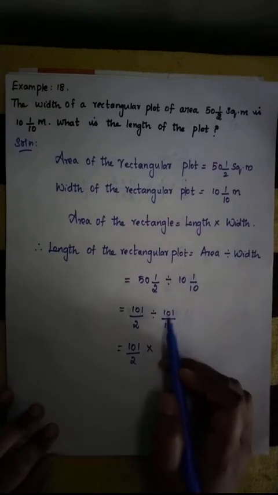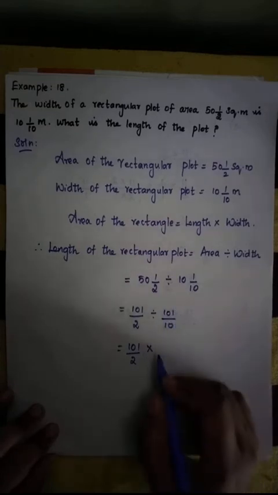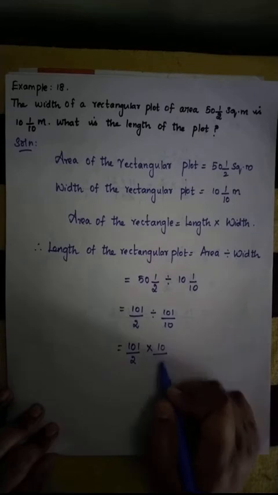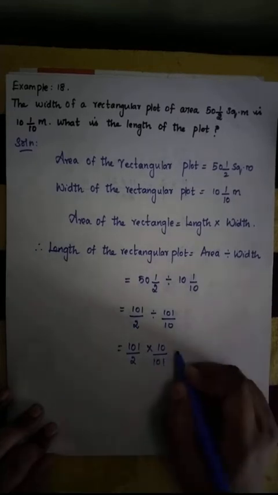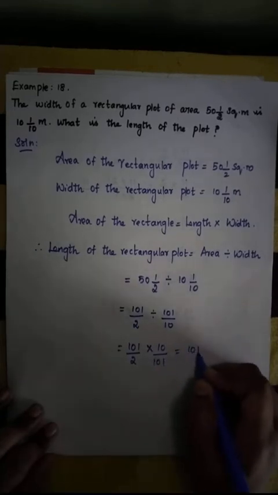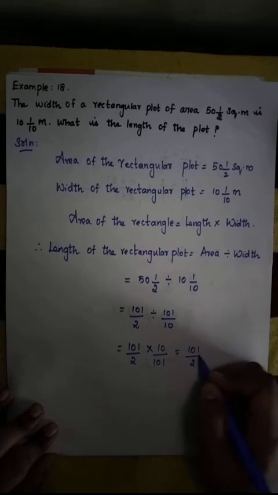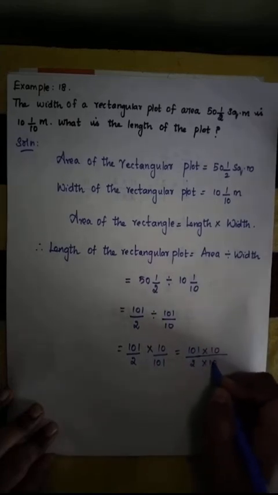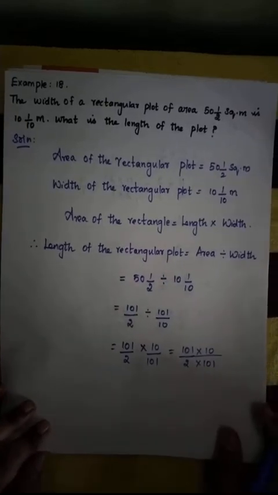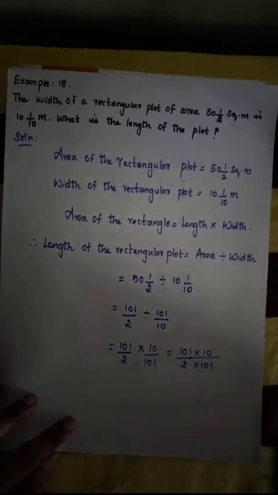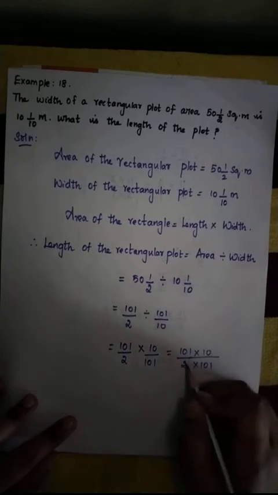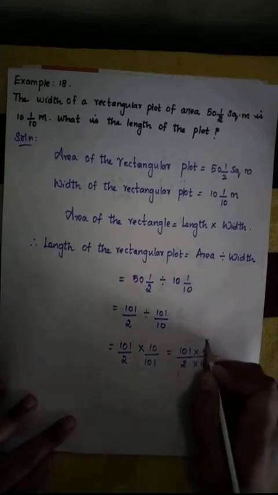Then take the reciprocal of 101 by 10, that changes to 10 by 101. So we write 101 by 2 into 10 by 101. If there is any common factor, just cancel. Here we can cancel 2 and 10: 1 2 is 2, 5 2s are 10.